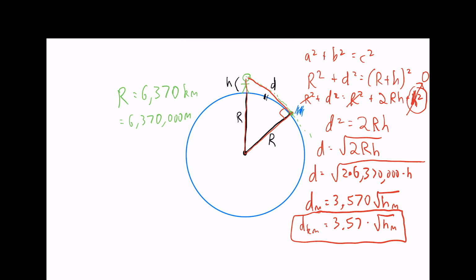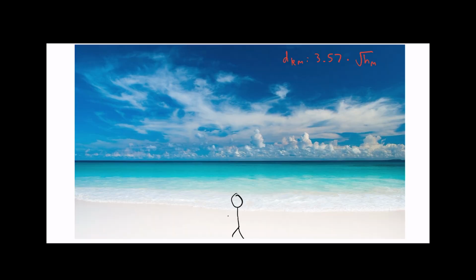And it's remarkably close to the actual distance. We're not considering atmospheric effects or whether it's a clear day or not, but that is a pretty good rough estimate of how far you could see to the horizon.